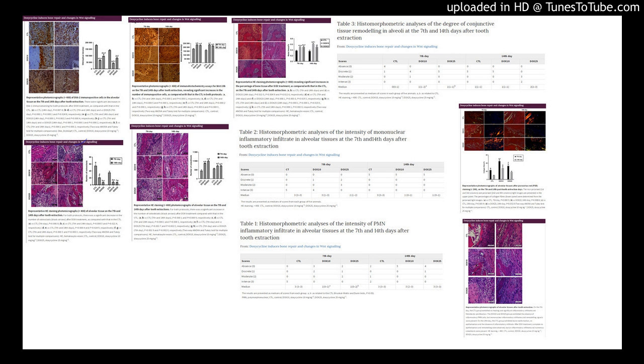Figure 7. Representative photomicrographs, ×400, of DKK1 immunopositive cells in the alveolar tissue on the 7th and 14th days after tooth extraction. There were significant decreases in DKK1 immunostaining for both protocols after DOX treatment, as compared with that in the CTL. A, versus CTL, 14th day, P equals 0.0074.